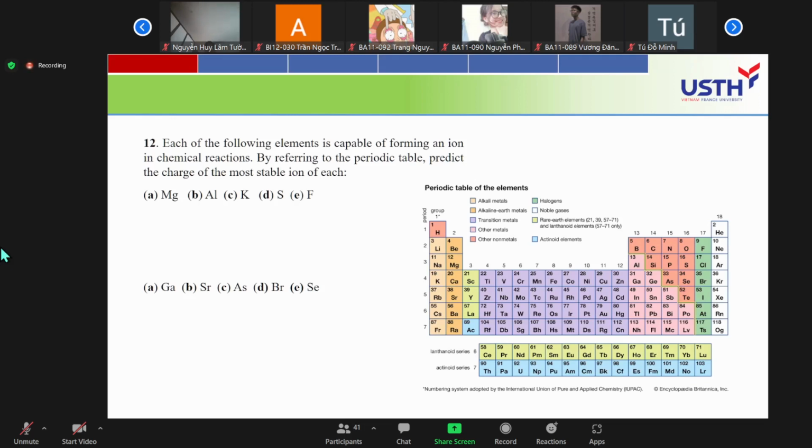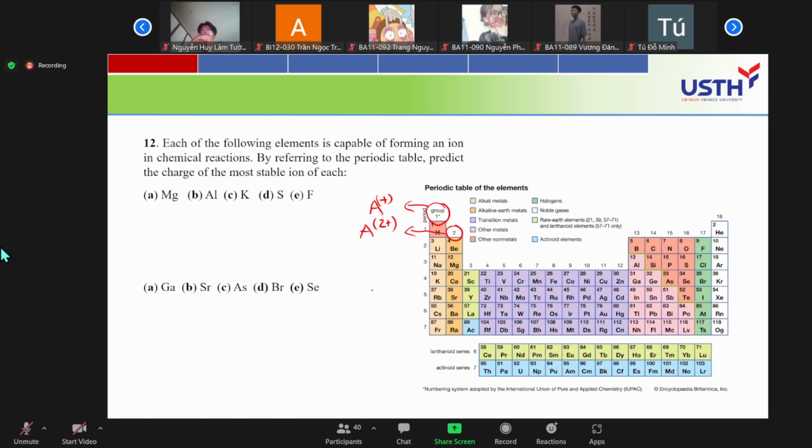Okay, the next exercise is related to the forming of ions in the chemical reactions of different elements. So the rule is, let's take a look. If you have an element in group 1, it will form the ion A1+. If they stay in group 2, they will form A2+.